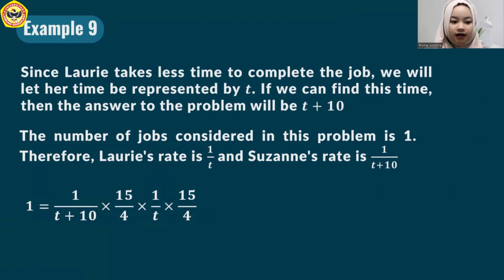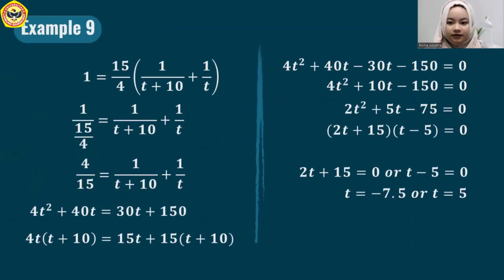So 1 equals 1 over t plus 8 times 15 over 4, plus 1 over t times 15 over 4. So 1 equals 15 over 4, open bracket, 1 over t plus 8 plus 1 over t, close bracket.